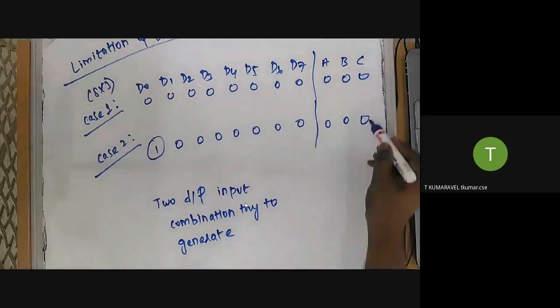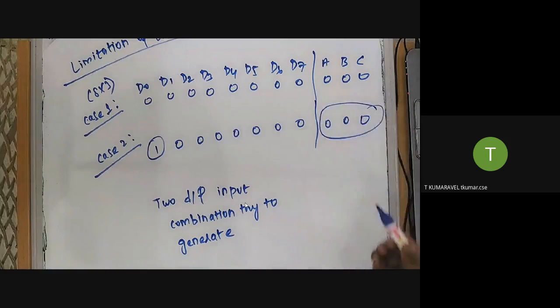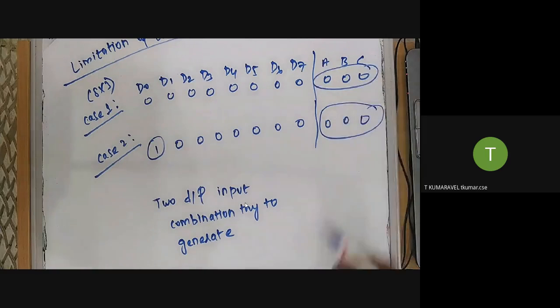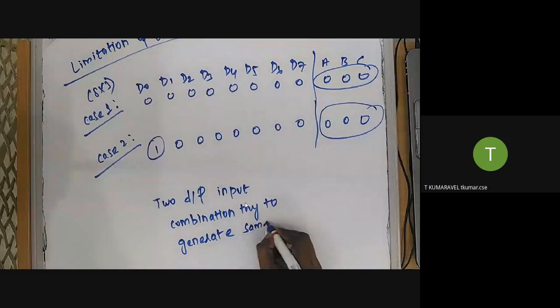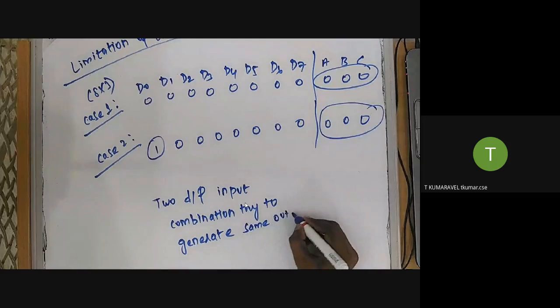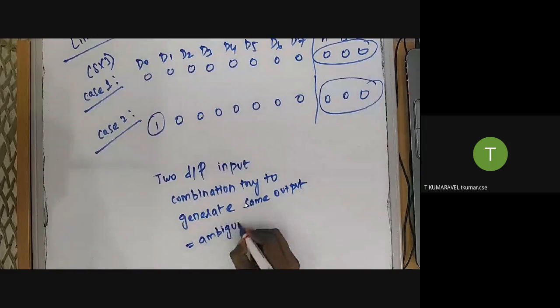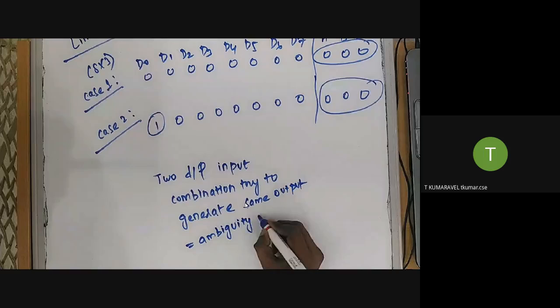Here the output generated is zero, and here also the output generated is zero. Two different input combinations generating the same output is what we call ambiguity.